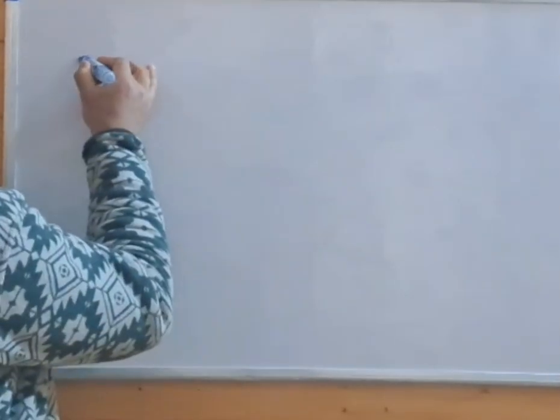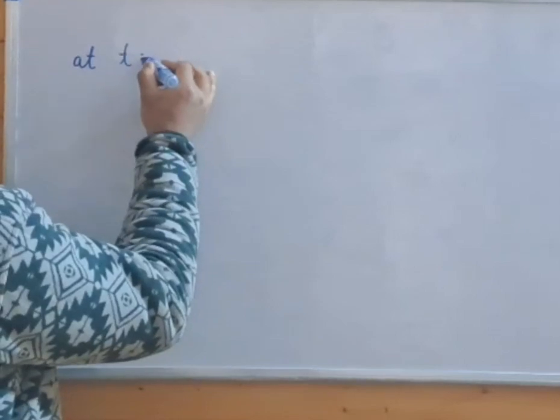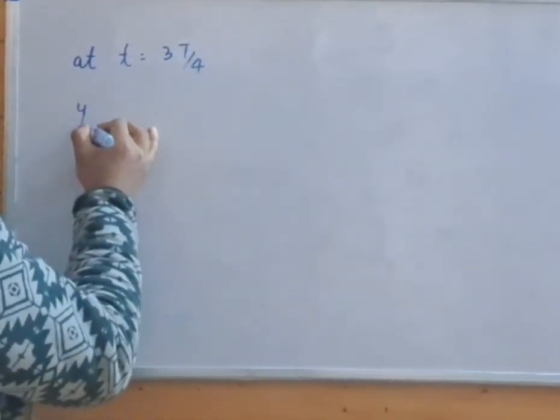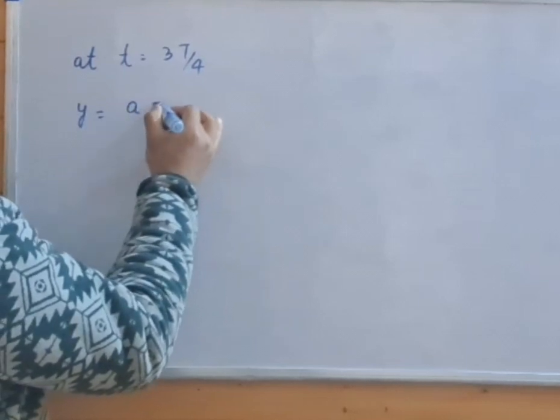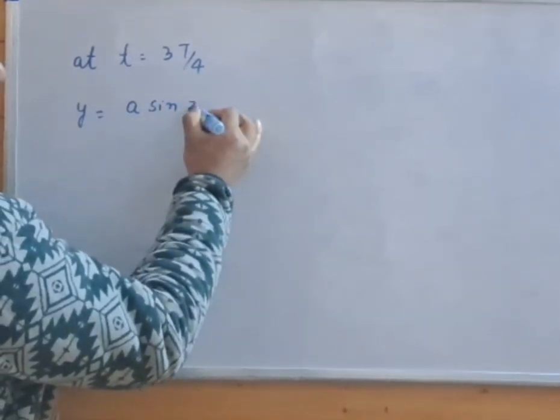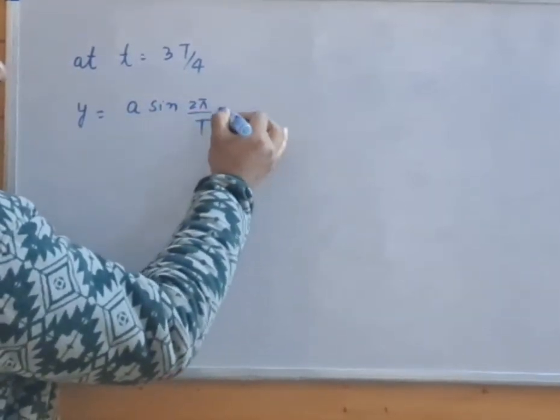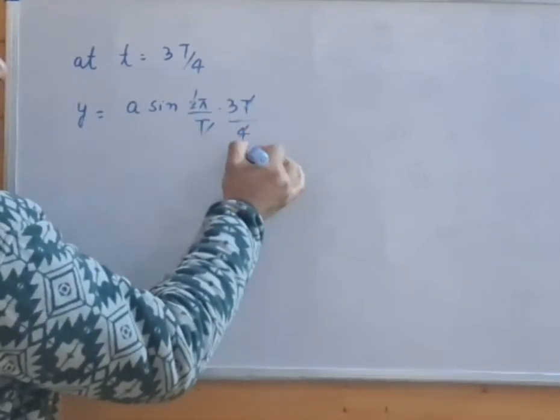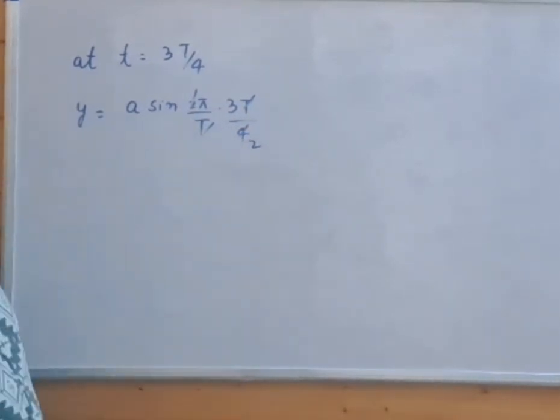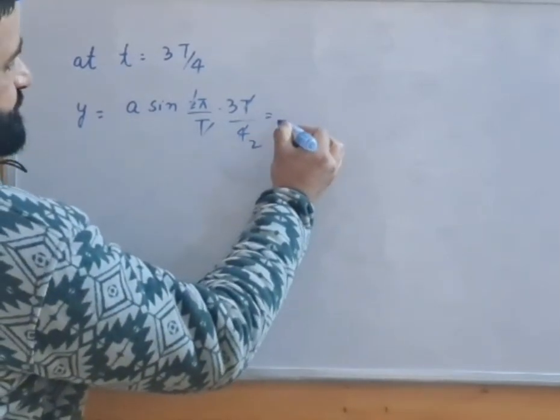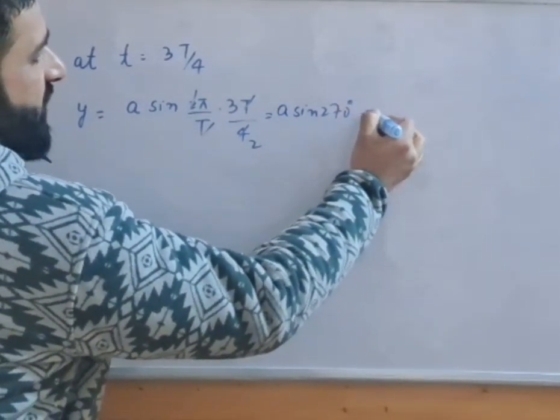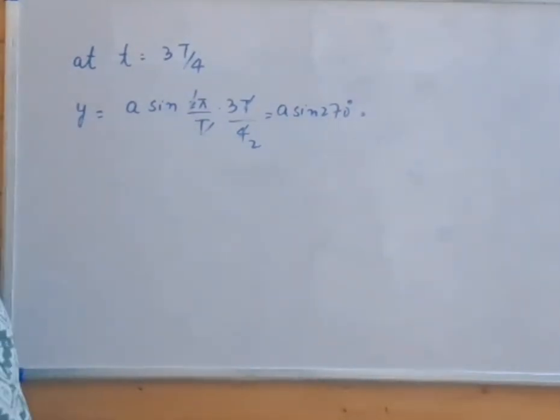At t equal to 3T by 4, our displacement y is equal to a sine of omega t. Omega is 2 pi divided by T, into 3T by 4. T and T go, it becomes 3 pi by 2. That is a sine of 270. We know that sine of 270 is equal to minus 1.